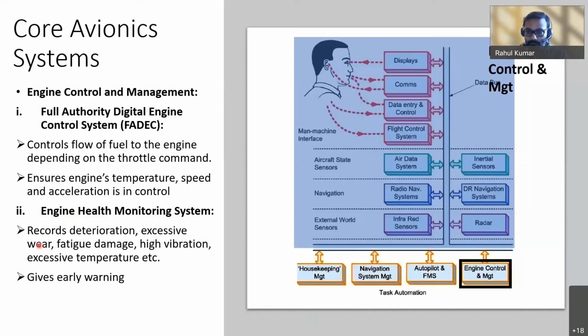It will record the deterioration or any excess wear and tear in the engine, and inform the pilot if there is a warning, or inform the maintenance engineer as well, right? So it keeps track of the engine, monitors its health, and provides the warning to the pilot or to the maintenance engineer.